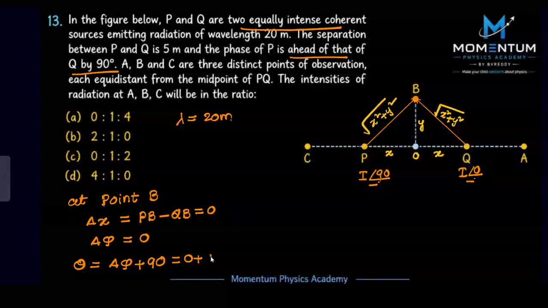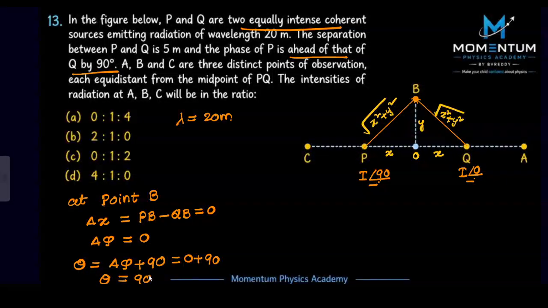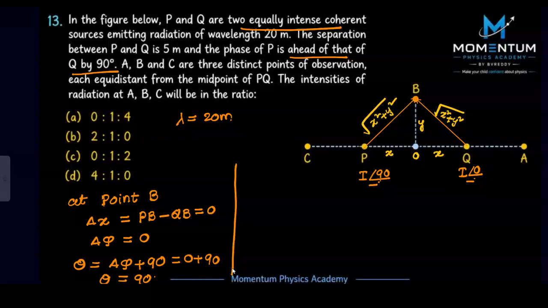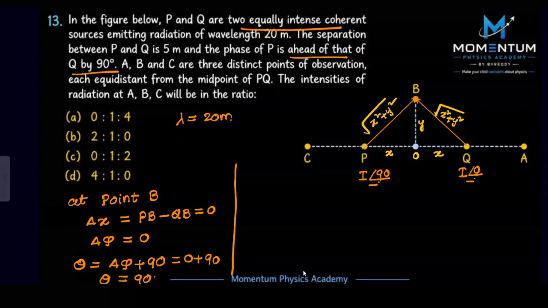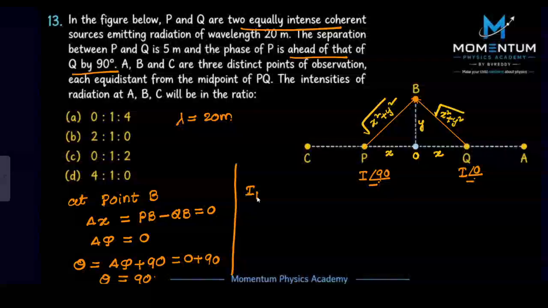That is 0 plus 90. So the phase difference between these two at the point B is 90 degrees. 90 degrees means how much intensity we need to see. What is the resultant intensity formula?